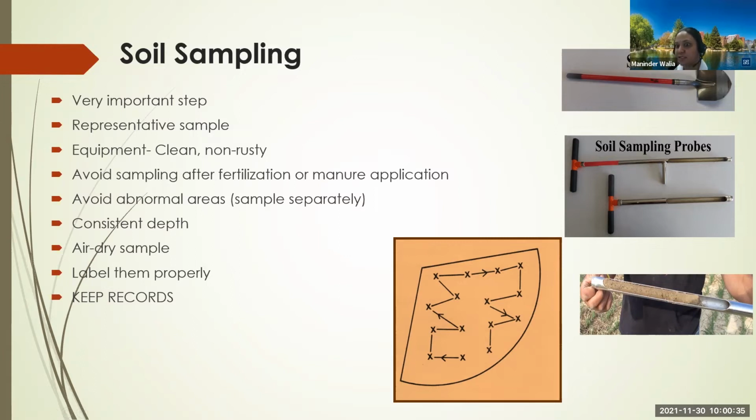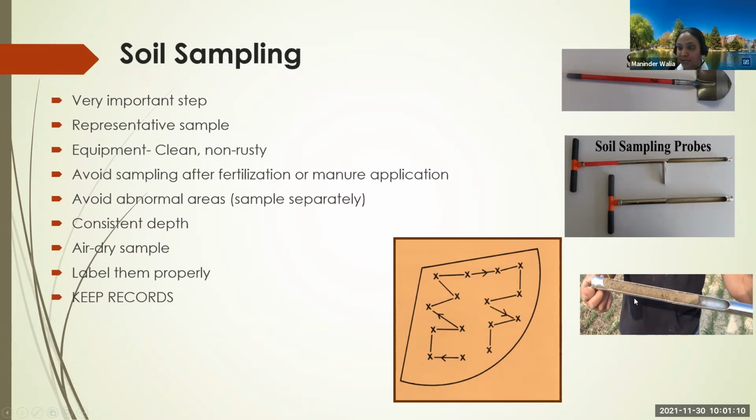These differences can be soil color, soil type, slope, drainage, crop, manure history, etc. Random samples can be collected from each unit in a zigzag pattern as shown in the picture on the right. For uniform fields, collect about 15 to 20 soil cores to equal depths. Again, it's very important that you sample to the same depth to ensure uniformity.